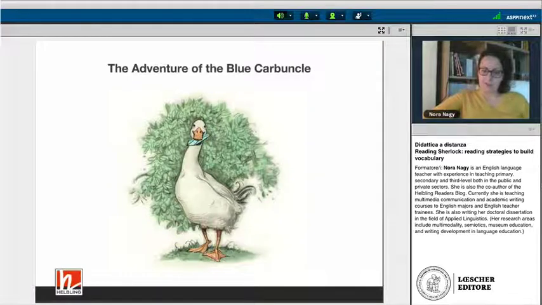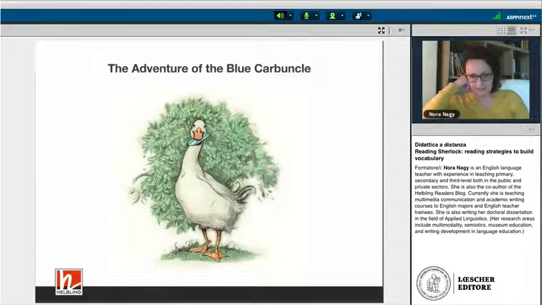All right. So when you look at this picture, can you name two very important details? What can you see in this picture? The goose. And what else? What is the goose holding in its beak?